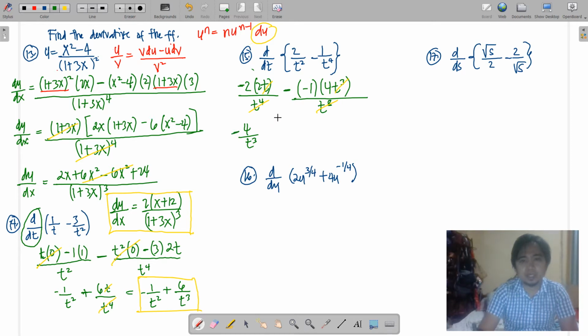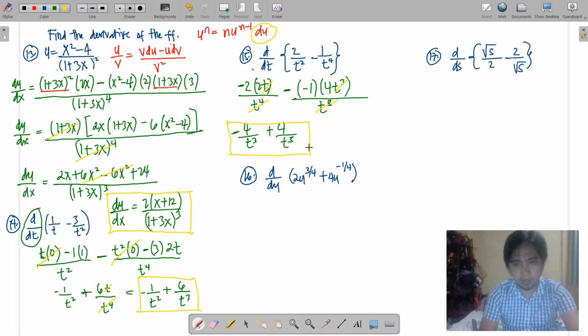So don't forget the negative there. Negative times negative becomes positive, 4, no more t on top, it is now only at the bottom, t raised to 5. And this shall be our final answer.